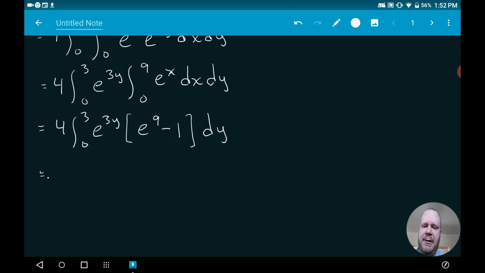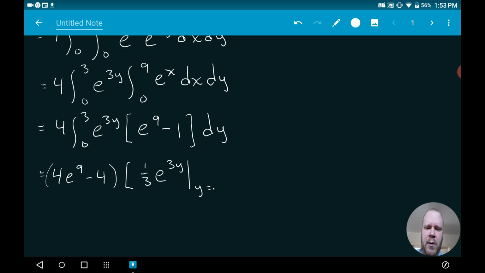Again, this whole thing is a constant, so I'm going to say 4 e to the 9 minus 4 times the integral of, let's see, what's the integral of e to the 3y? So it's not 3e to the 3y, that would be the derivative. It's going to be 1/3. And that's evaluated from y equals 0 to 3.